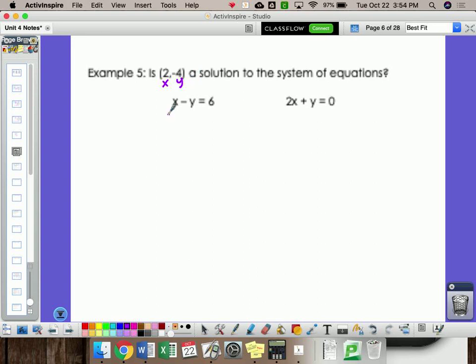So x was 2 minus the y, which was negative 4, and that should equal 6. Well, I can see that I have a double negative. That's going to turn into a positive, and I know that 2 plus 4 is 6, so that point works for my first equation. But I can't say that this is the solution until I check both equations.